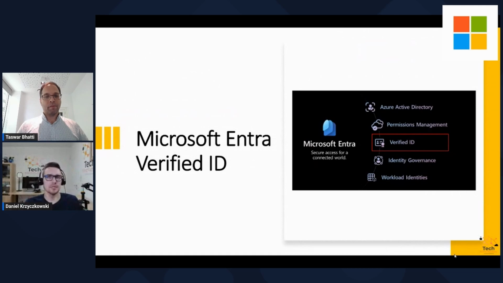So in this scenario, you don't have to build the whole decentralized system on your own. You can use Microsoft Entra Verified ID, which is available in the Azure cloud for free. And you can configure your verifiable credentials and then decide how you will issue them and how you will verify them, based on the open standards, obviously, which I will describe in a minute.